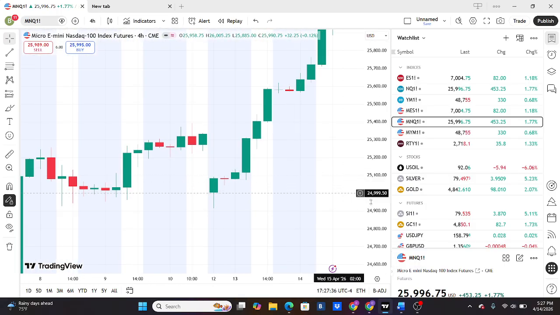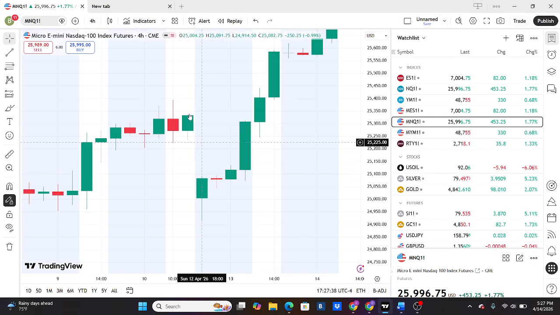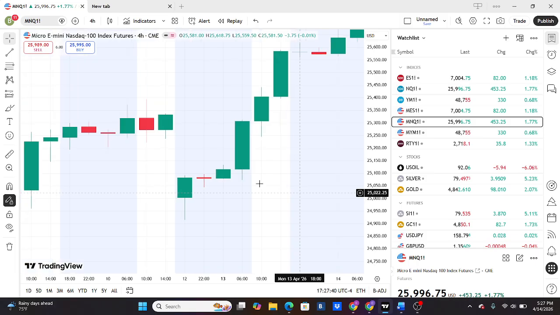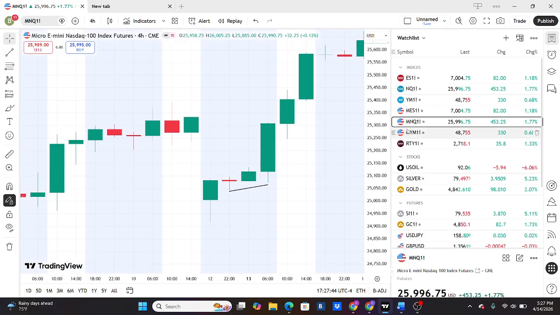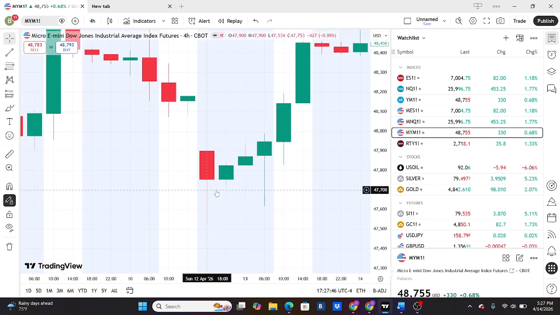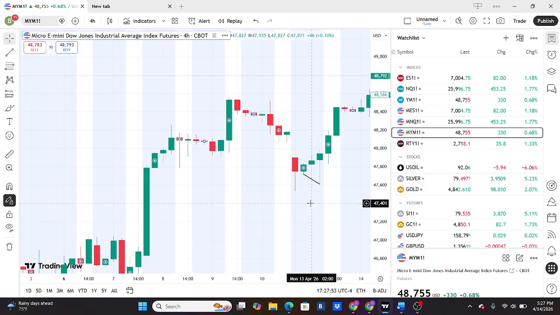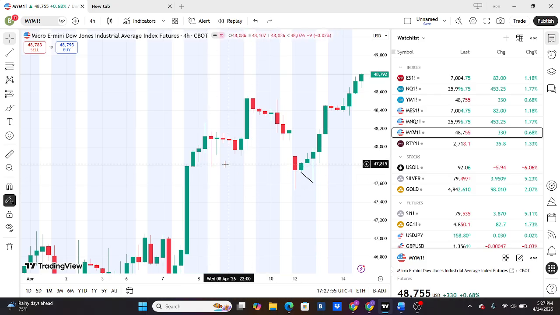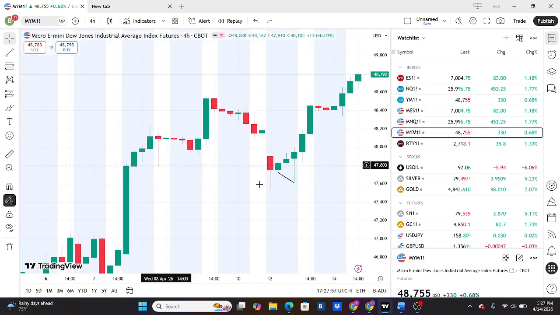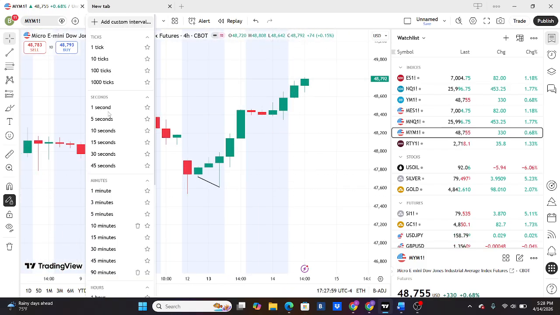So coming into the day, we're looking to go long. We just have a long bias. With the rip, we get SMT with YM and NQ, right?